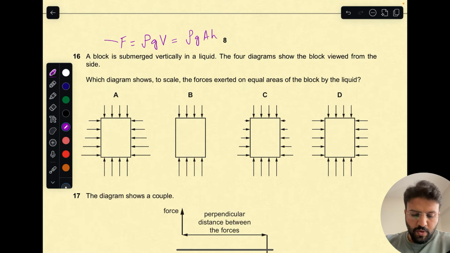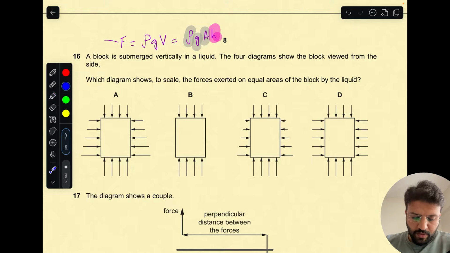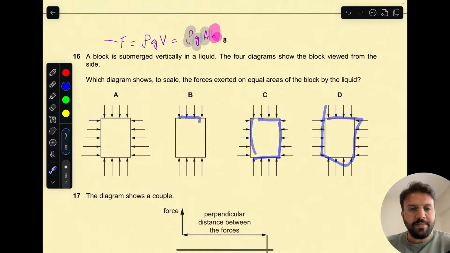If you see, they are all in the same liquid, same density, g is constant, and the area of all the blocks is also the same. What is different? The depth is different for all the points. So how much force is acting on the sides, on which area, depends on its depth.